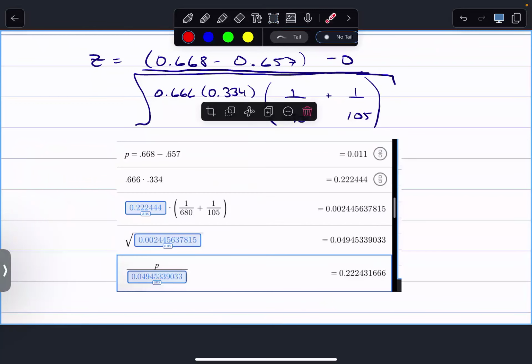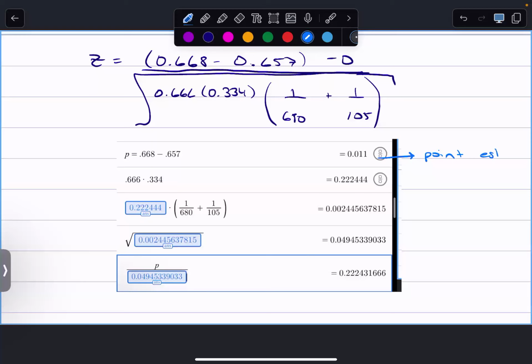Let's see here. So my point estimate was a difference of 0.011. Now, depending on the spread, that could be very large or it could be very small. Our spread is 0.05 essentially, and that's bigger than 0.011, which means a difference of 0.011 is nothing, which is reflected in the Z score.